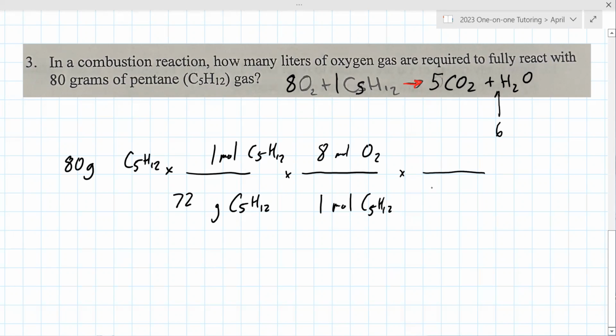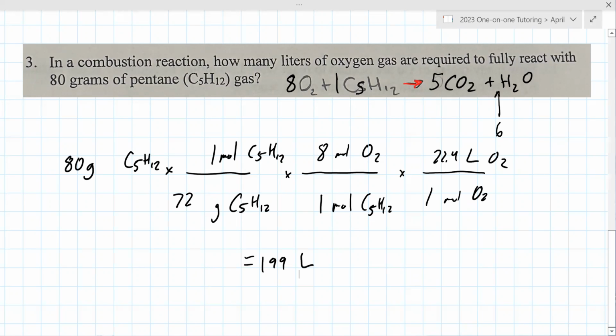And then we have to convert 1 mole O2 to 22.4 liters O2. And then we hope that that works out here. Yeah, it worked for me. Okay, so I get about 199 liters. Okay, 2 out of 3 ain't bad. Famous musician, I think, once said that.